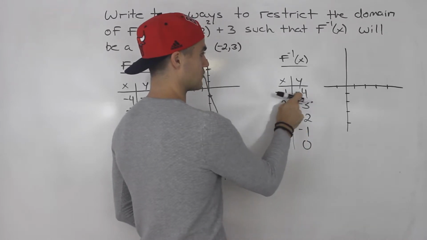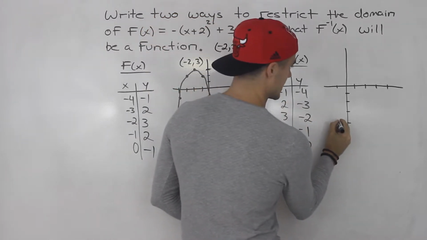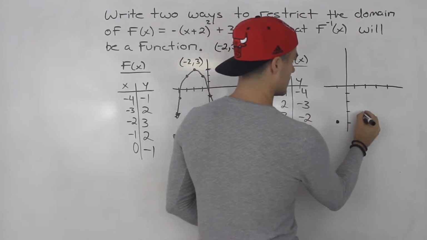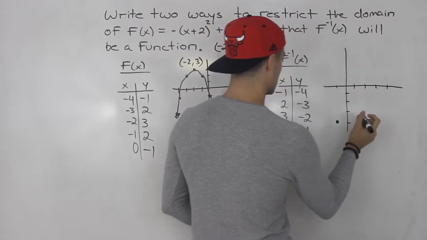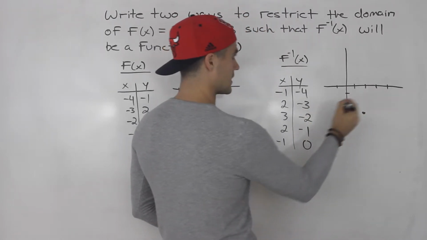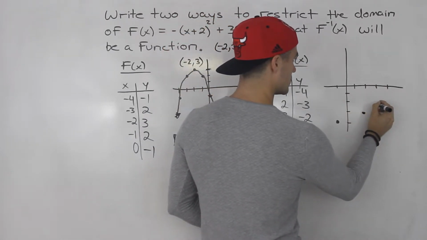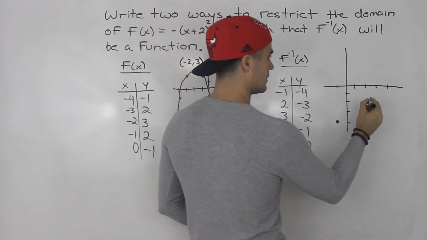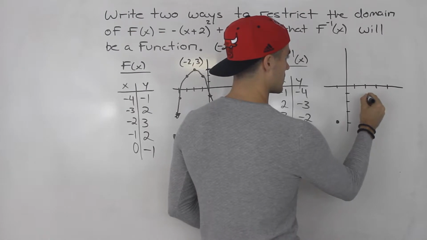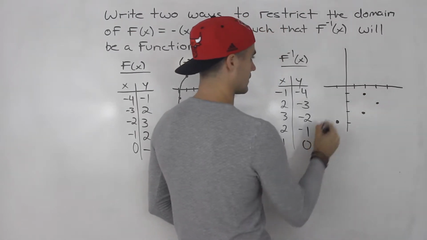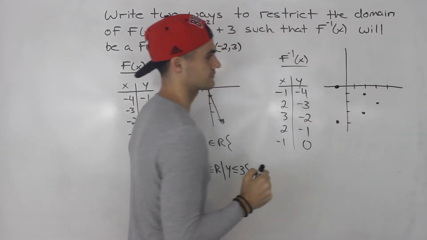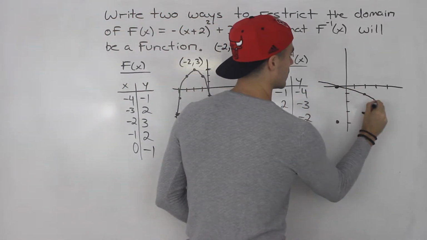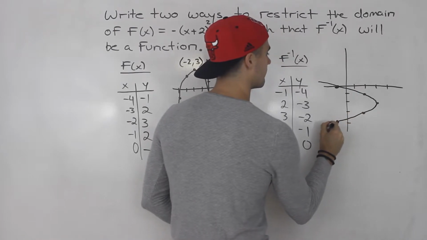So x negative 1, y value negative 4, that is down here. 2 and negative 3, that's over here. 3 and negative 2, that's over there. And then 2 and negative 1, that's going to be over here. And then negative 1 and 0, that's right there. Right? So notice that's a sideways parabola here, like that.